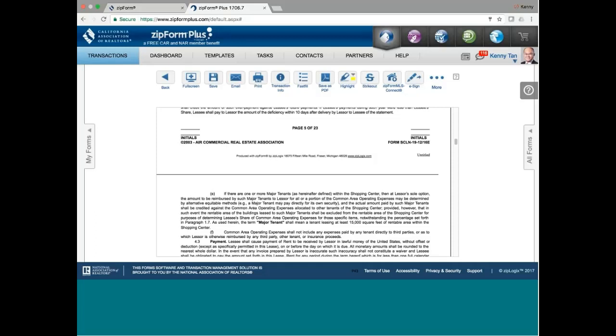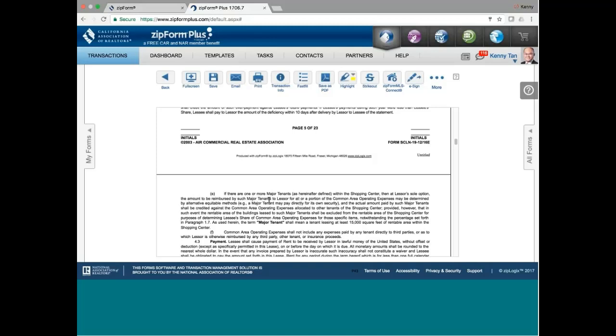The definition of major tenant is a tenant leasing at least 15,000 square feet of rentable area within the shopping center. So, for example, if you're in a big shopping center, you could have a major tenant there. But 15,000 seems to be a very big area.